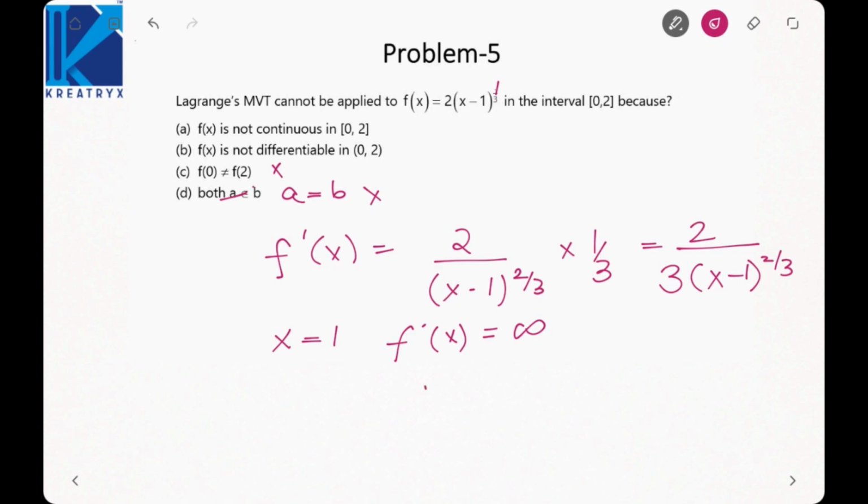That means it is not differentiable at x equal to 1. But the necessary condition for Lagrange's mean value theorem is that the function should be continuous in the closed interval and differentiable in the open interval. Since it is not differentiable at 1, which is lying between 0 and 2, LMVT cannot be applied. So the answer will be B. Is it fine?